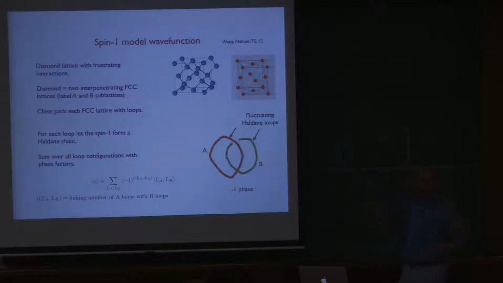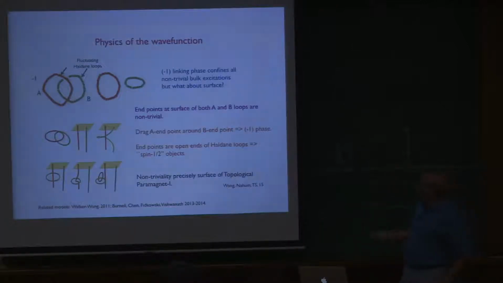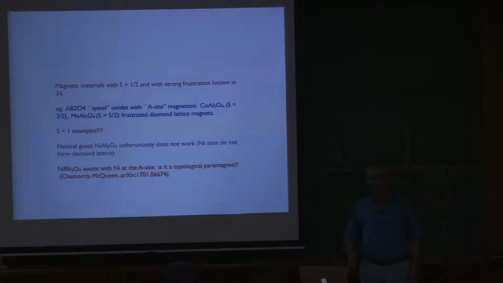But sure, yeah. Let me skip why this actually works. There are some nice pictures that you can draw to explain why this works, but let me skip that. And let me ask, okay, so there's some reasoning that perhaps spin 1 magnets on a diamond lattice may be a good place to look for interesting topological phenomena in a magnetic system.